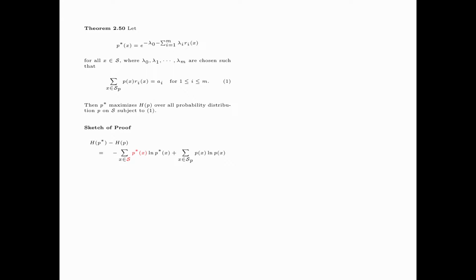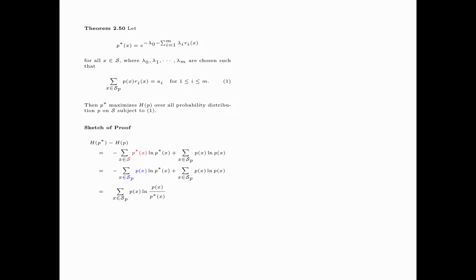This is equal to minus summation x in S, P star of x log P star of x, plus summation x in S_P, P(x) log P(x). We are going to justify that we can replace P star of x in red by P(x) in blue, and the summation over x in S, where S is in red, by summation over all x in S_P, where S_P is in blue.